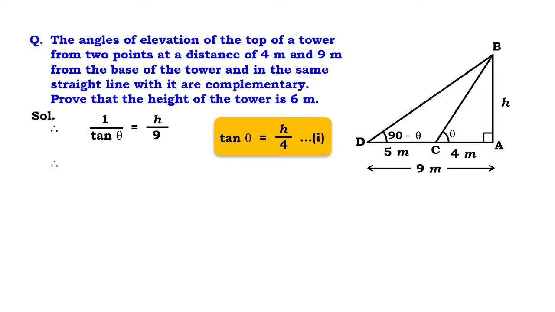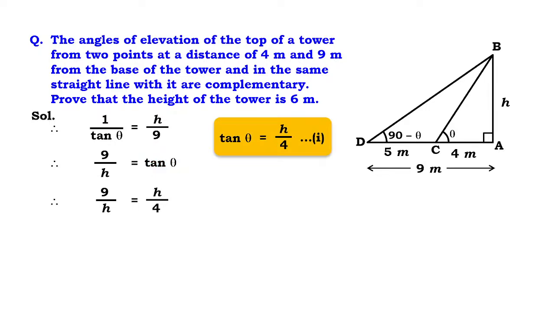This I already got with the first triangle, and this I got with the second triangle. Look here, don't solve. So 9 by h is equal to tan theta. So this tan theta value 9 by h, can I write it here? Right? So imagine 9 by h is equal to, this is what? H by 4. I write h by 4.